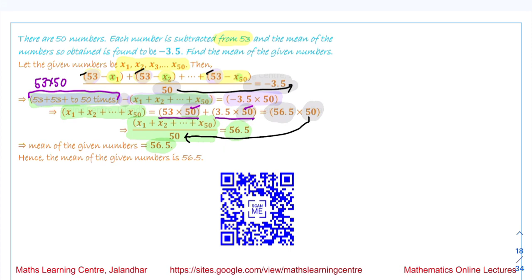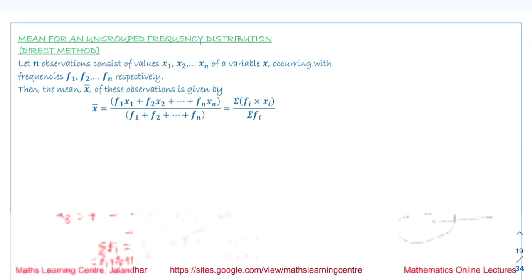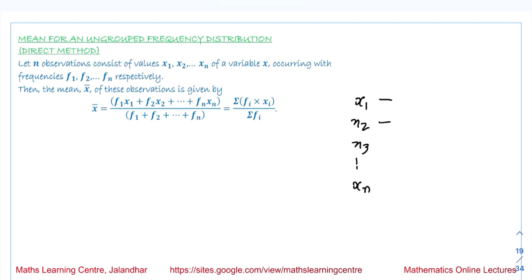Now the next thing we have is the mean for an ungrouped frequency distribution. Let n observations consist of values x1, x2 so on up to xn of a variable x occurring with the frequencies f1, f2 so on up to fn. We are talking about some values x1, x2, x3, xn, these are the variables and their corresponding frequencies f1, f2, f3, fn.